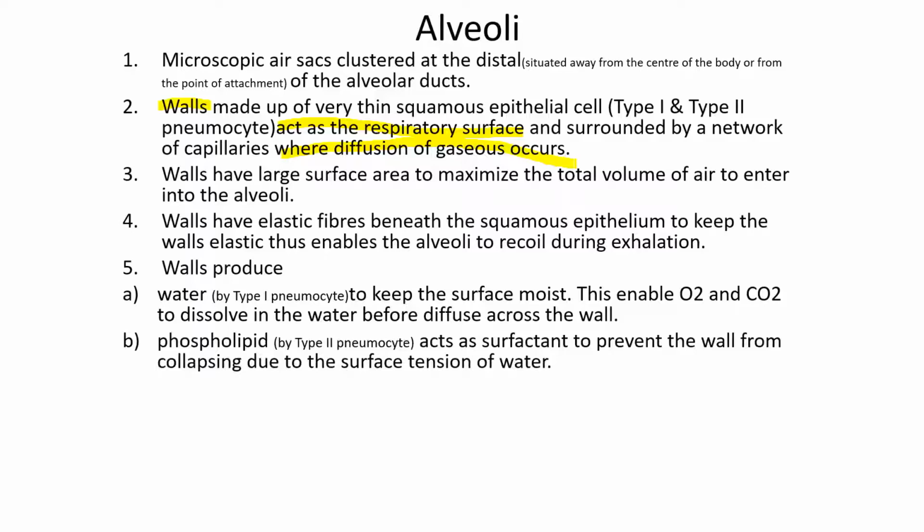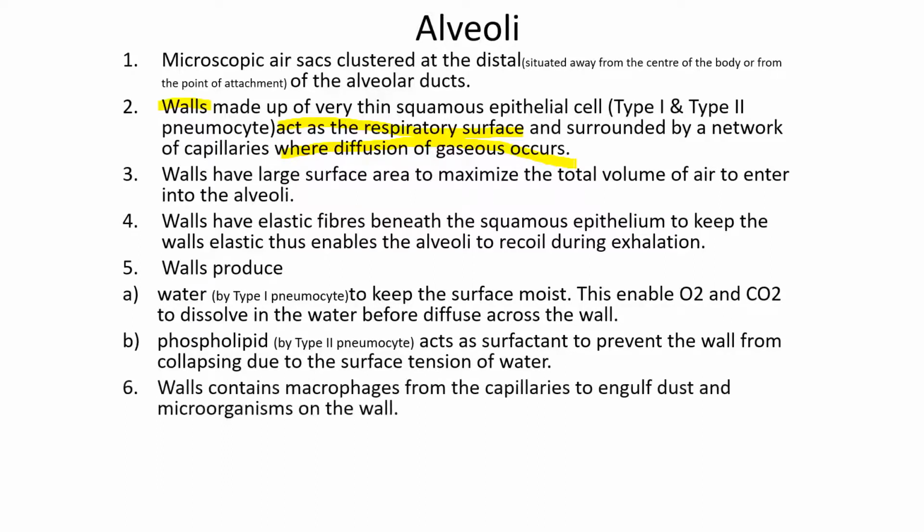To be specific, this phospholipid is secreted by the type 2 pneumocytes and acts as a surfactant to prevent the wall from collapsing due to the surface tension of water.